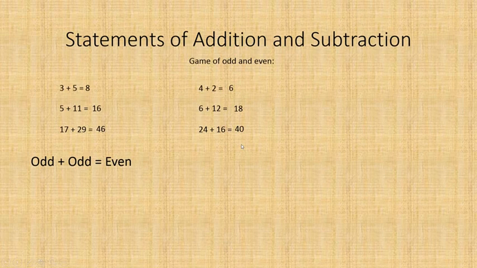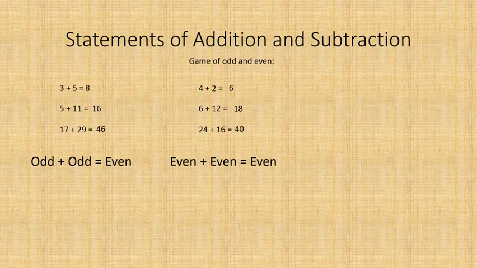So if you noticed here, if I add an even number plus an even number, the answer is an even number. If you apply that in all three questions, you will have a general rule: even number plus even number, the answer must be an even number.